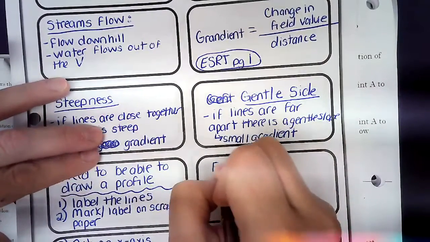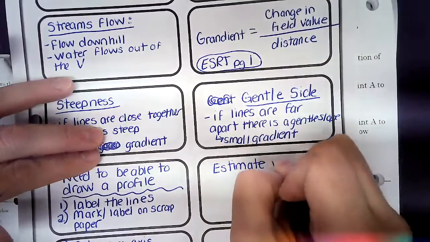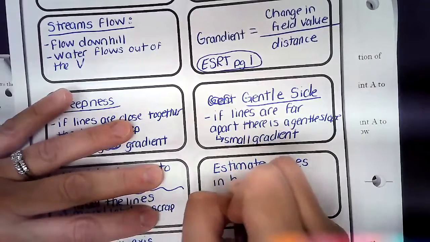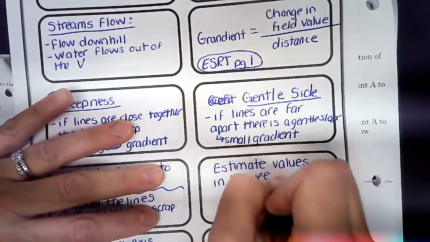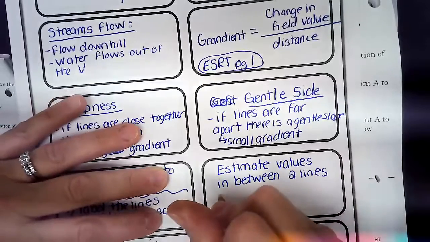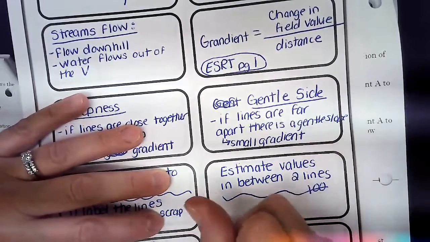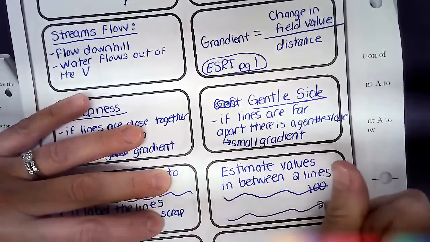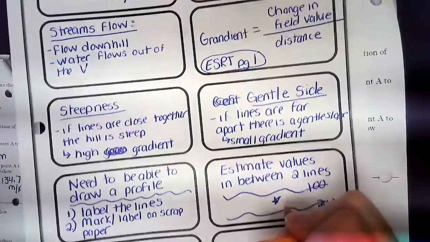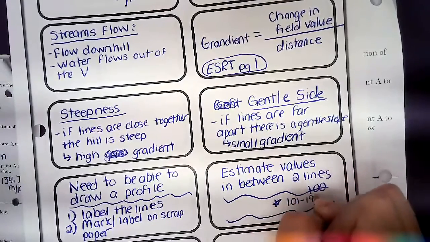Need to be able to estimate values in between two lines. For example, if this line is 100 and this line is 200, this dot could be approximately, would be anything between 101 and 199.